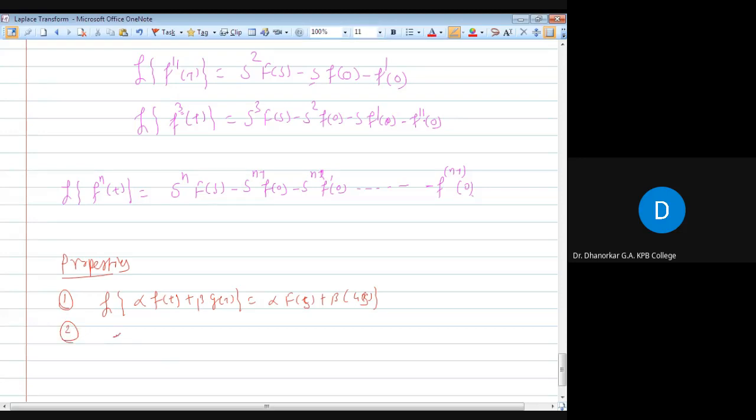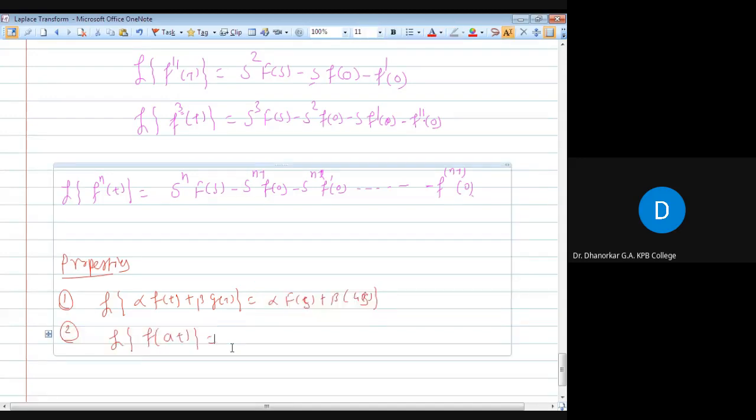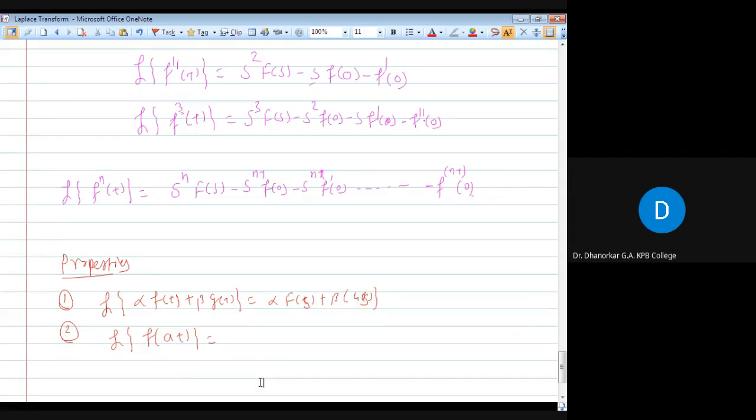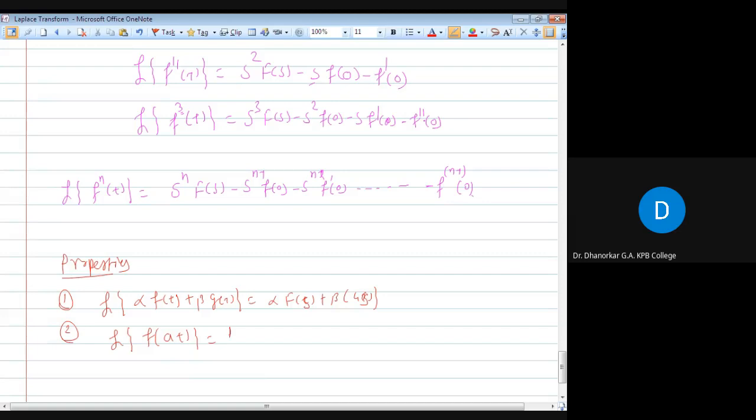Second property, Laplace transform of f of at is equal to 1 divided by a into F of s divided by a.